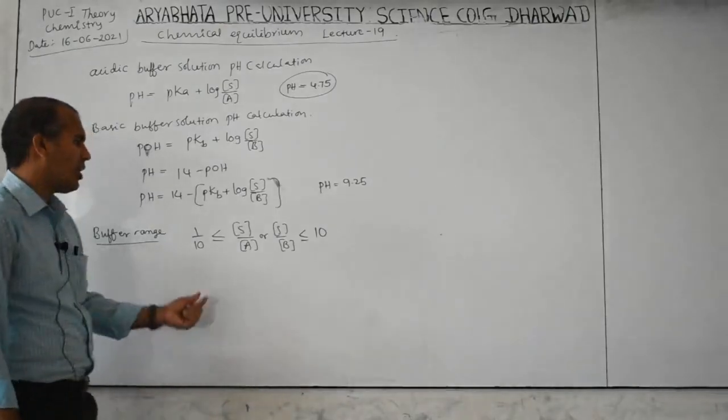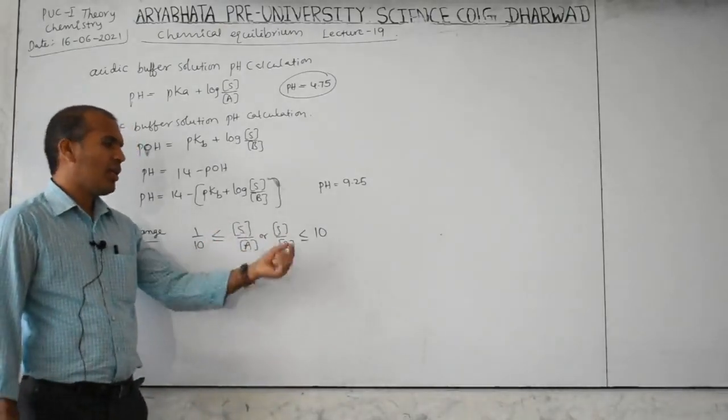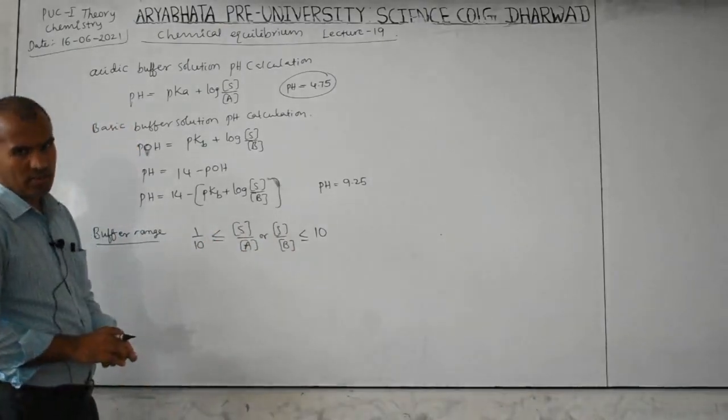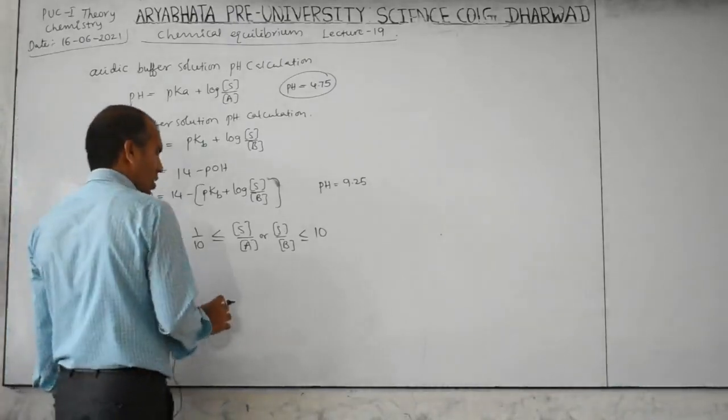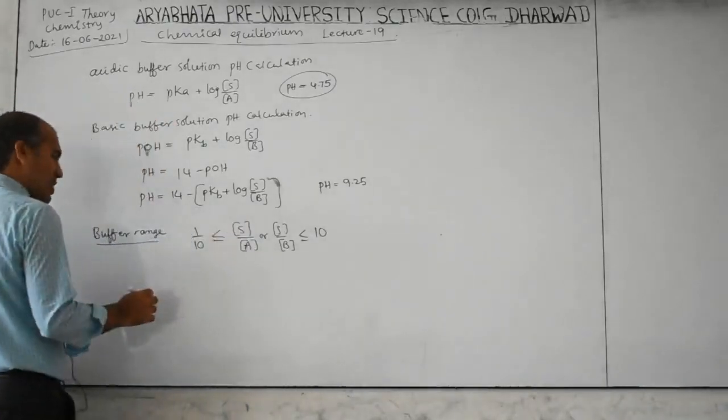It indicates the ratio is near to 1 or close to 1. If it is close to 1, then that is the best buffer.